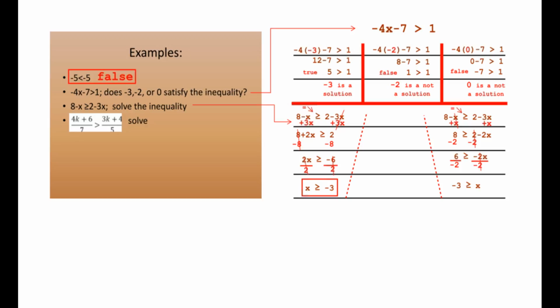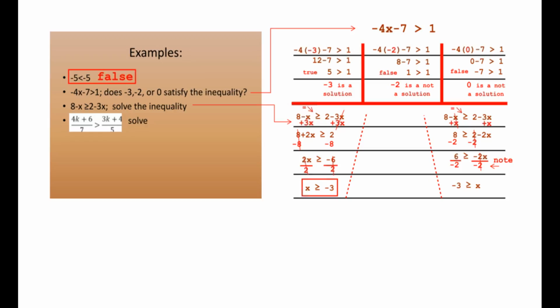Hey, look at that. But if we compare it to the previous example, our previous example gave us an answer of x is greater than or equal to negative 3. On the other hand, this example gave us that negative 3 is greater than or equal to x. And we should have gotten the same expression. But we didn't. Remember, if you multiply or divide by a negative number, notice that we divided by negative 2 in this case here.